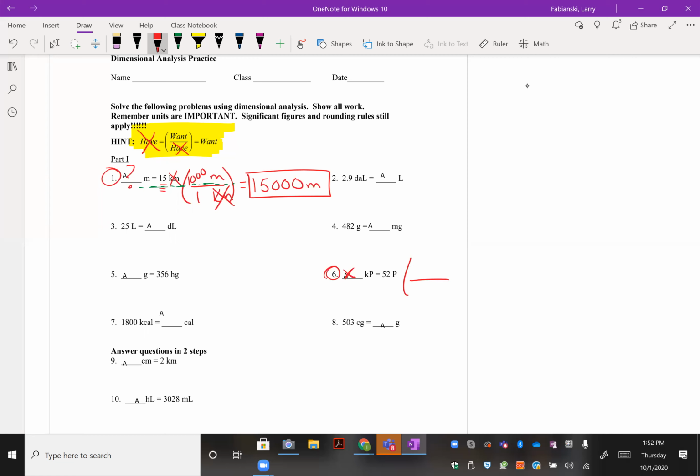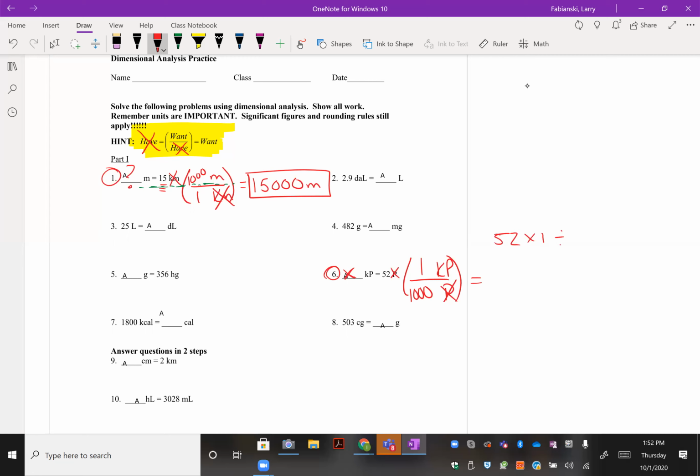In this case, it's the prefix. So we're going to do a conversion factor. Pascal on top means pascal on the bottom. And we're going to go to a kilopascal. And for every 1 kilopascal, we have 1,000 pascals, because we're looking at the metric prefix kilo. Doing this out, everything on the top is multiplied, so 52 times 1.